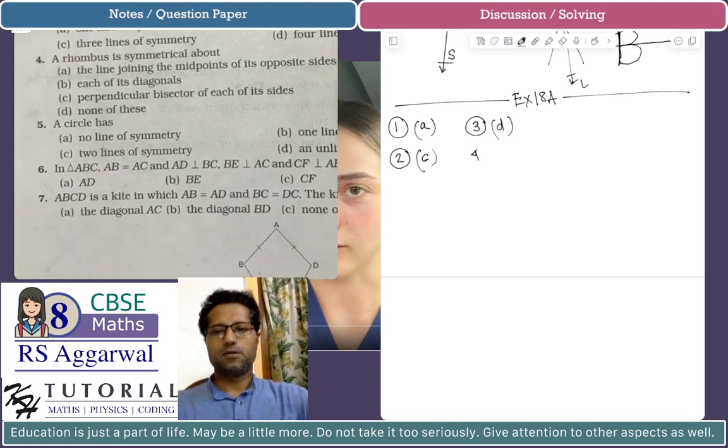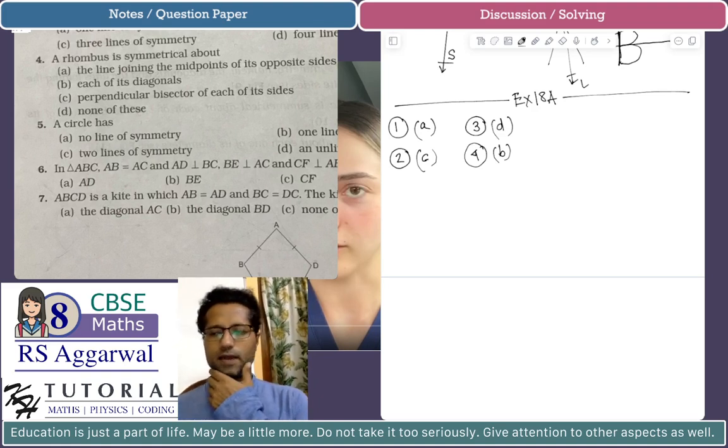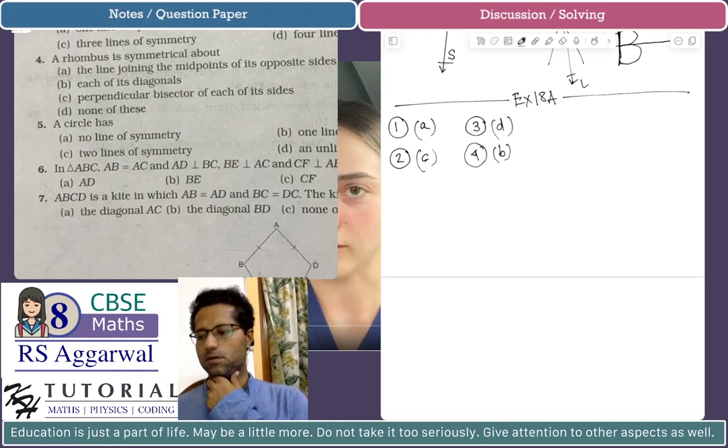Rhombus. Problem number 4. A rhombus is symmetrical about its two diagonals. So a rhombus is symmetrical about each of its diagonals. So the correct choice is B. Always remember that a rhombus is always symmetrical about both of its diagonals.